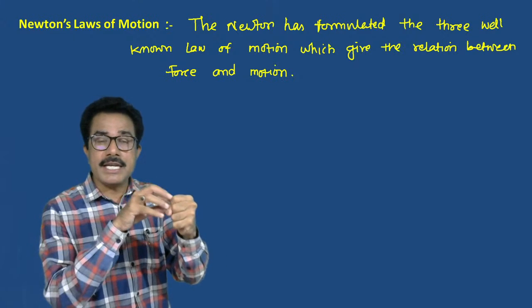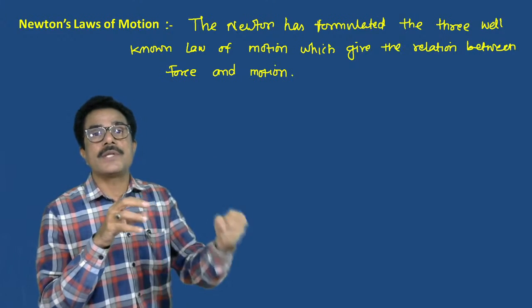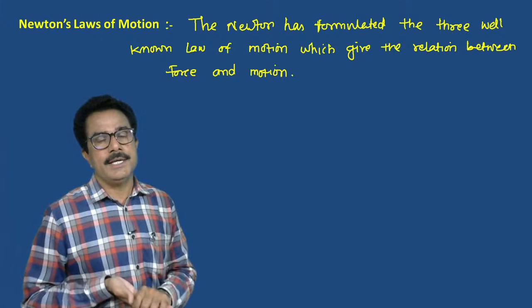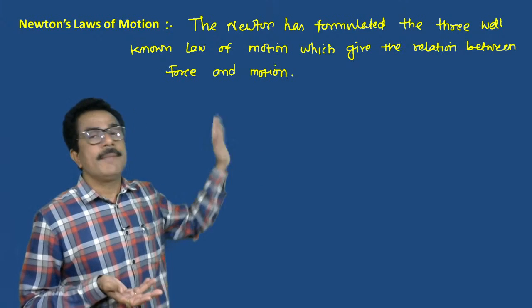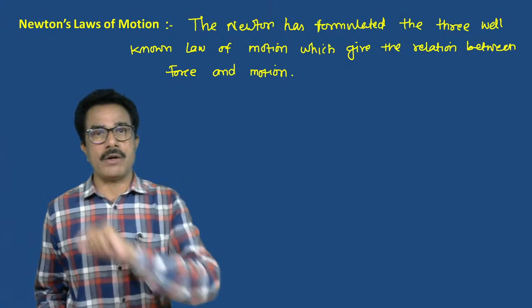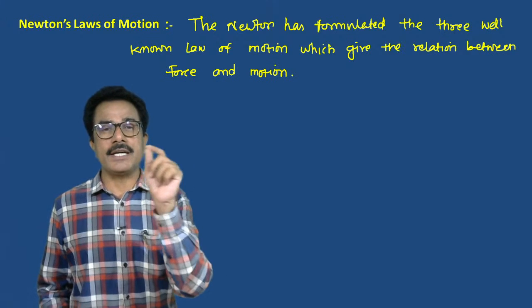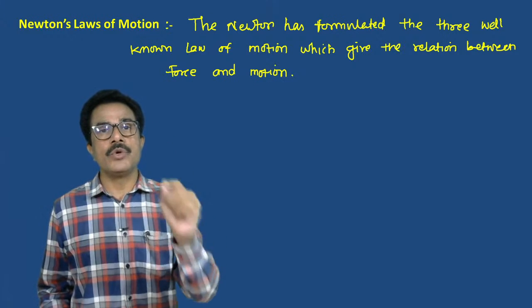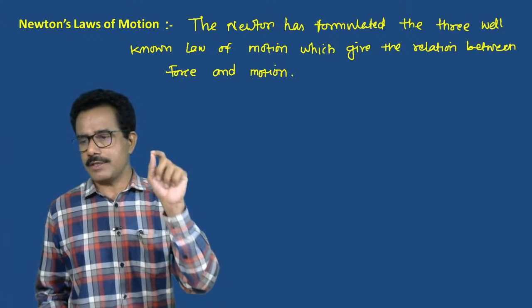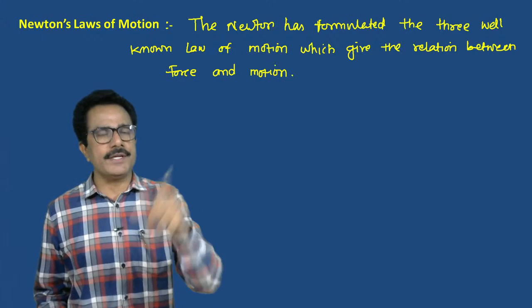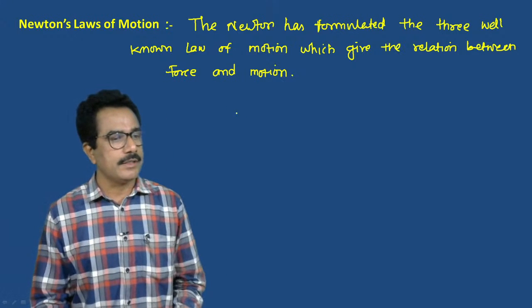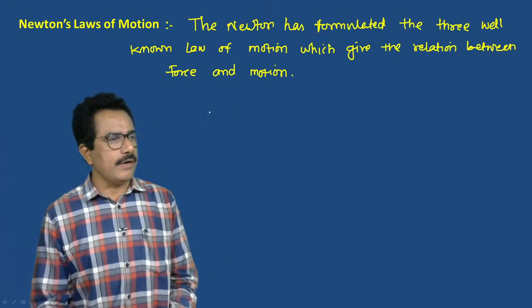That means there is a relation between force and motion, which was first discussed in Newtonian mechanics by the famous scientist Newton. He gave three different laws, three different relations between motion and force, and they are called Newton's laws of motion.